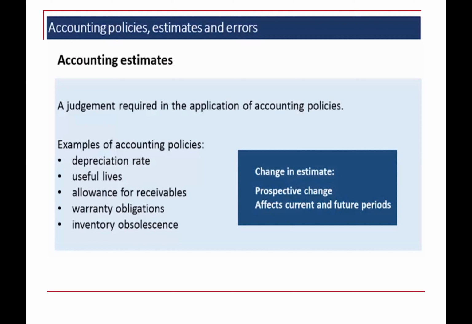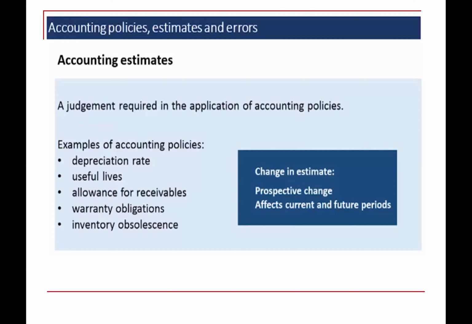Accounting policy: we are going to reduce the value of our receivables to reflect the possibility that we may not be able to recover all of our money from our customers. So how are you going to calculate or reduce the amount of receivables? I'm going to generate an allowance for receivables of 5% of my total receivables. That becomes the accounting estimate.